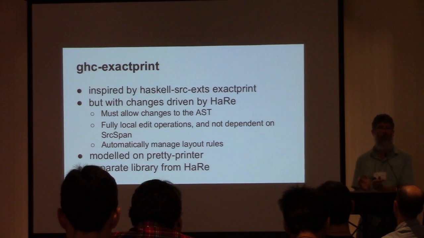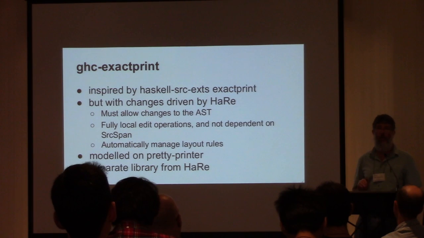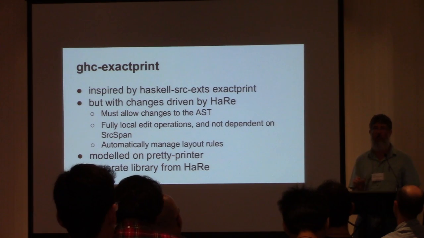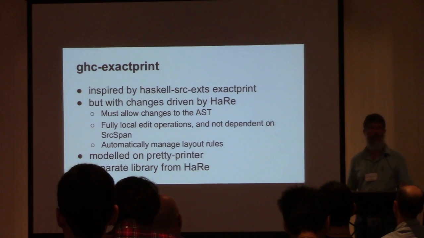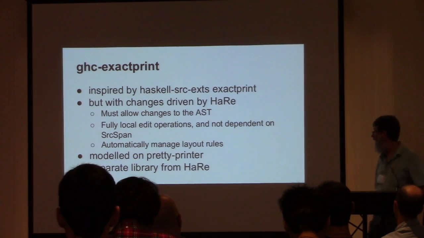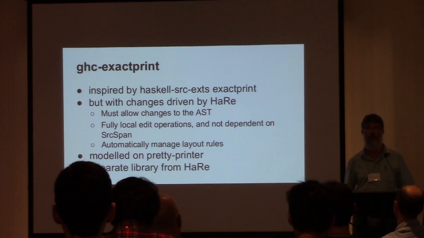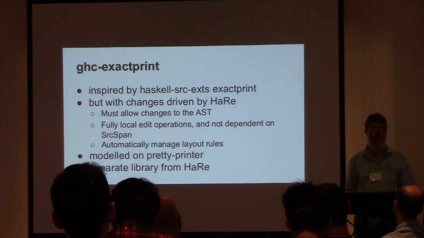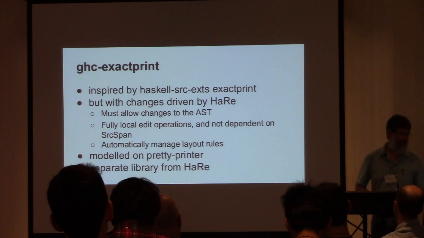So you have completely local operations, and any changes are made locally and they have a global effect if they have to, in terms of changing indentation or things like that. And it's a separate library from the Haskell refactorer because I'm pretty sure it will find more general use. In fact, Matthew Pickering has used it as a GSOC project to apply the hints from HLint successfully.